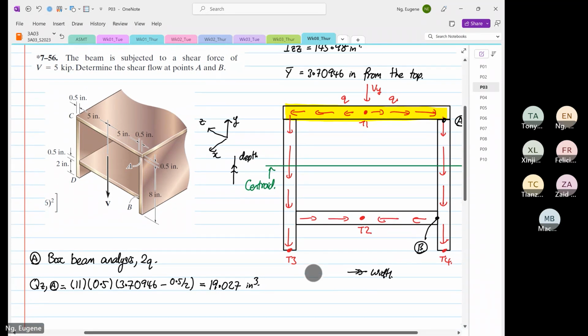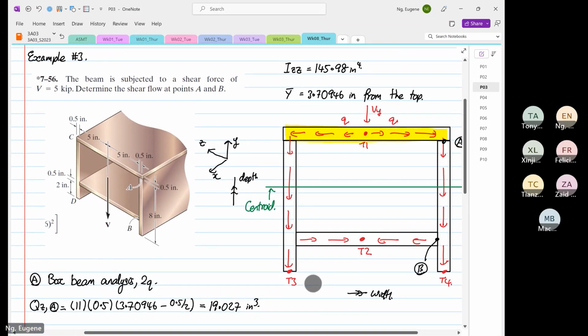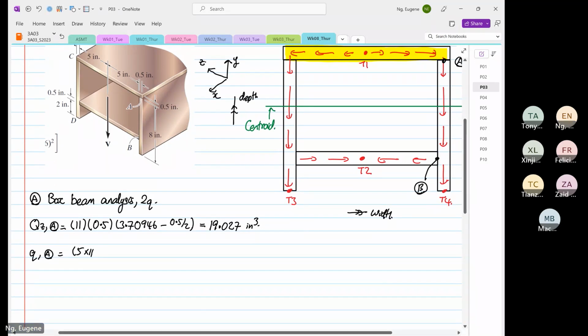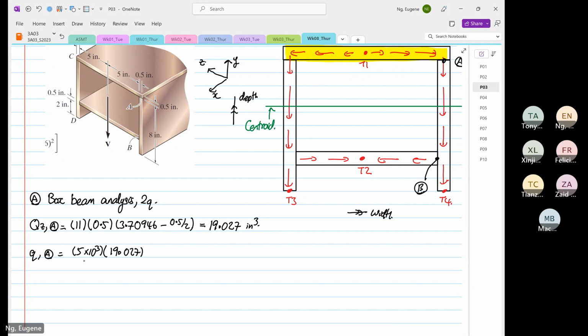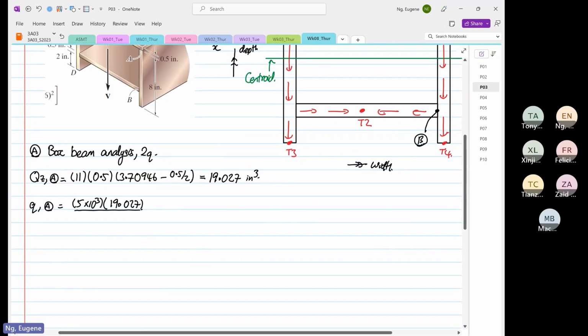Okay, so the shear flow Q at point A will be equal to our V, which is 5 times 10 to the power 3. Our Q is 19.027. And our I is equal to 145.98.